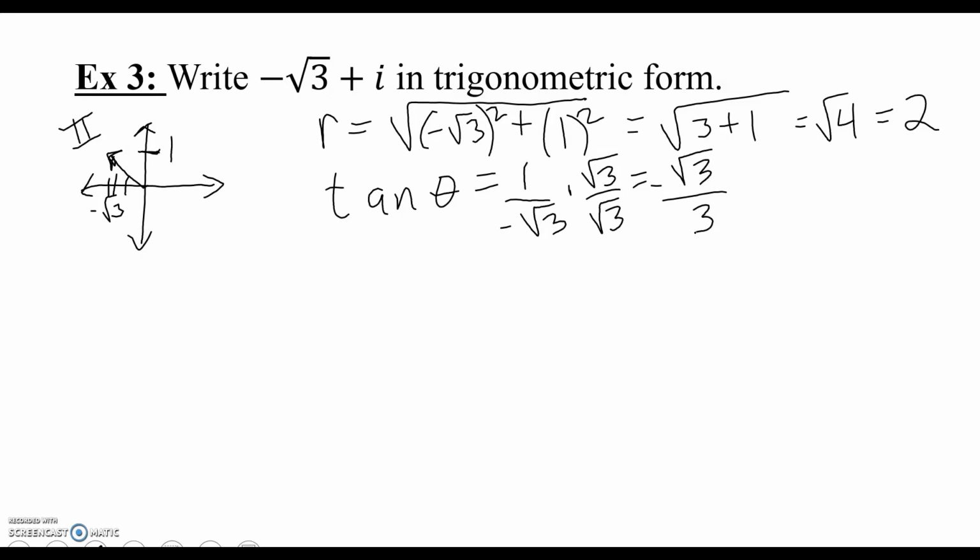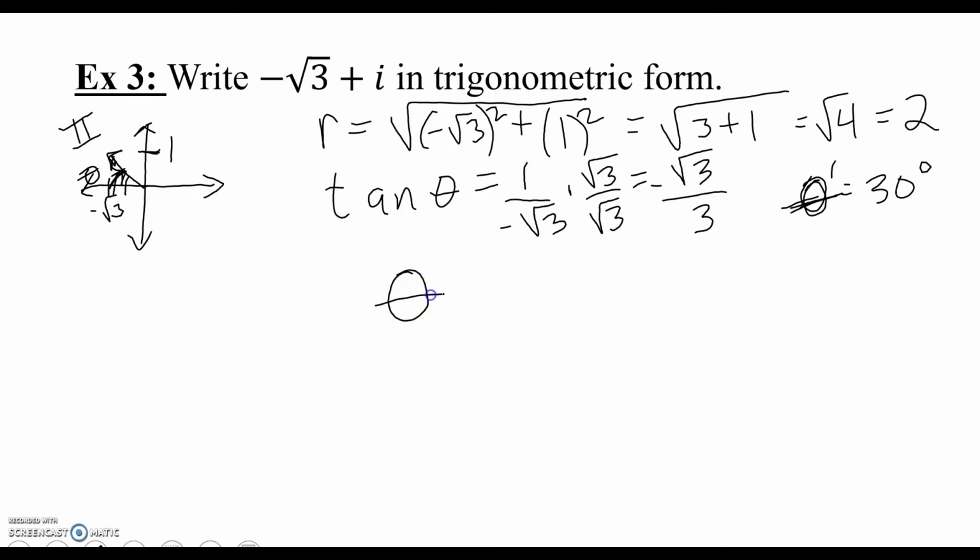However, it's negative. So first of all, we know that our reference angle is 30 degrees. That's theta prime, because the tangent of 30 is square root of 3 over 3. But since it's negative, that's because it's in the second quadrant, so we have to figure out what that angle is. Here's our reference angle, the 30 degrees.